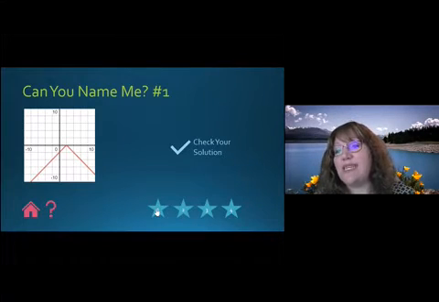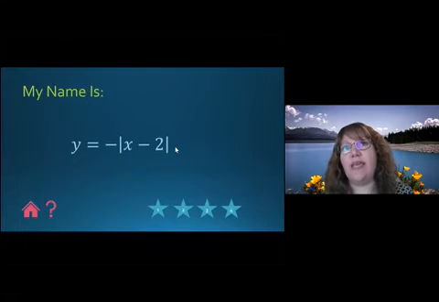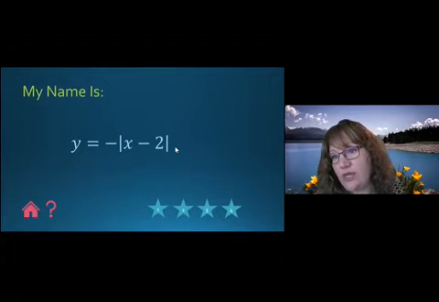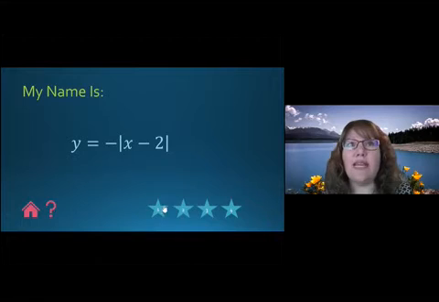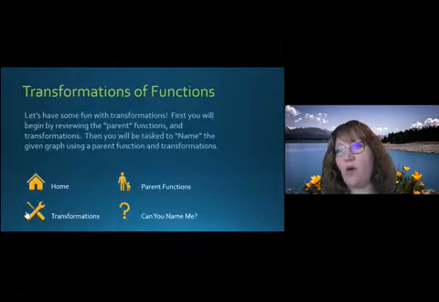So the students would need to take those pieces and put it together to create the function, and then they can check to make sure they had the correct equation. Once they've answered that one, they can go to the next question, and so on. At all times, I chose to always have the home button so they could always get back to the home button.